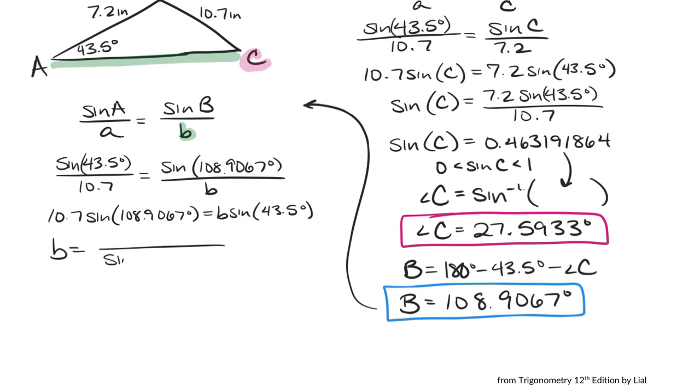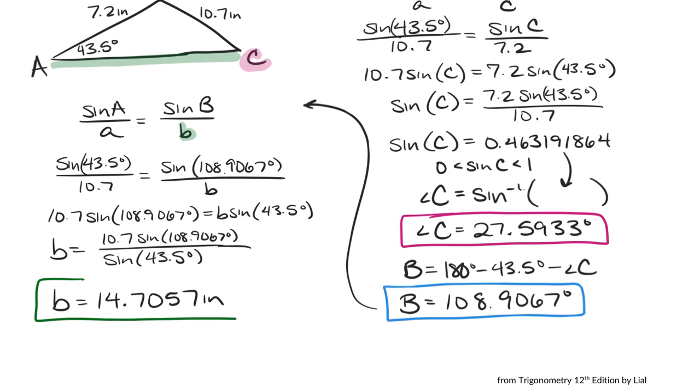We're getting good at this part, so that's why I'm not really saying anything. And once we have little b isolated, we go to our calculator and we press enter. What does little b equal? 14.7057, I believe, inches. Awesome.